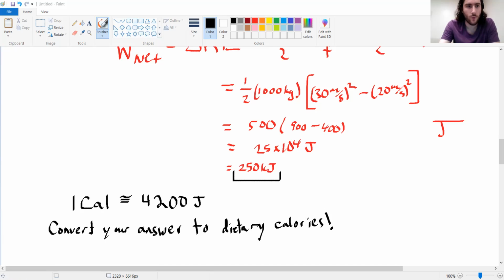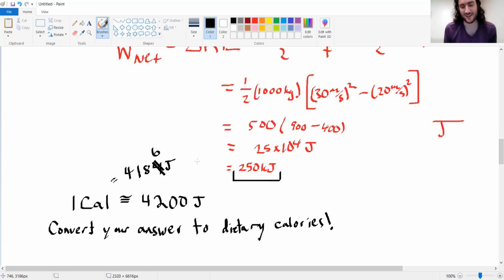For those of you who want a more precise conversion factor, I just looked it up real quick: 4,184 joules to be exact. That is the standard value. Some people actually use a value with a 6 instead of a 4.